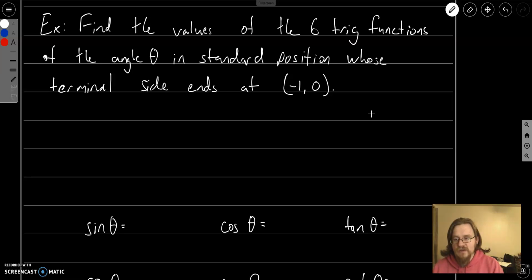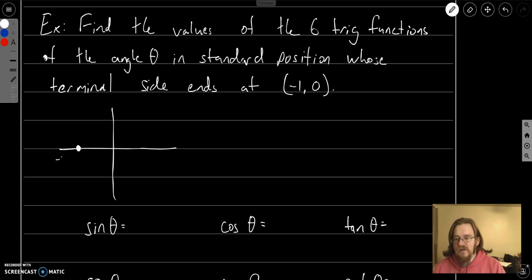So we'll draw a picture here in a second, whose terminal side ends at -1, 0. So -1, 0 is not very straight line. -1, 0 will be right along the x-axis. It's -1, so 1 to the left, but 0 up or down.